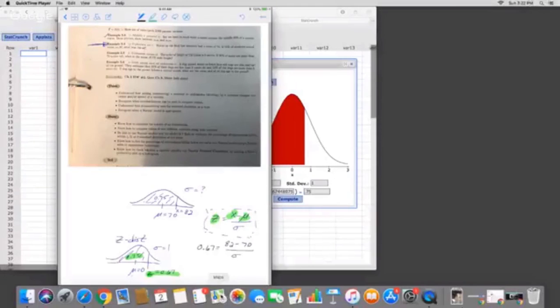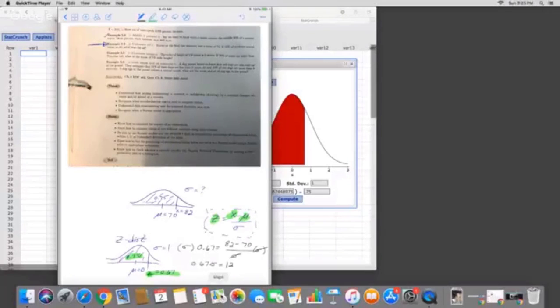So using algebraic steps, you could actually put the numerator together first, but I didn't. I multiplied both sides by sigma to cancel that out off the denominator. And then I say, okay, well, 0.67 times sigma is equal to, that took a second here because I double-checked my math in the calculator.